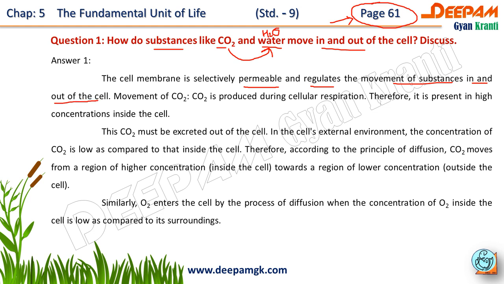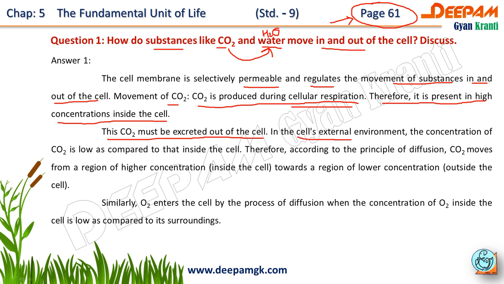In short, we can say that CO2 is produced during cellular respiration. You know that when CO2 is produced during cellular respiration, it is present in high concentration inside the cell, and the CO2 must be excreted out of the cell.